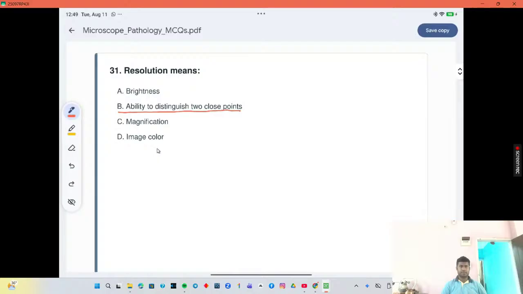Okay, so please remember it. If someone asks you what resolution means, you will say that resolution means the ability to distinguish between two close points or objects.